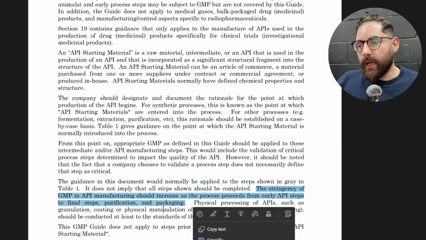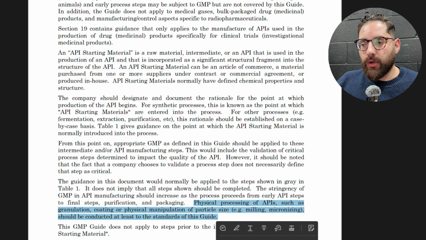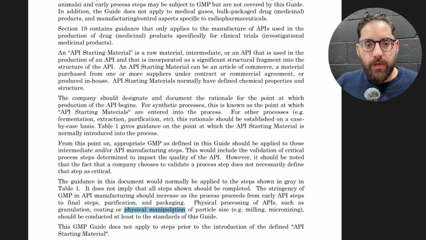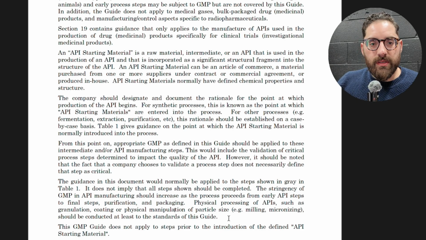The last thing that I wanted to highlight is that for physical processing, non-chemical processing of APIs, like granulation, coating, or physical manipulation of particle size, this happens a lot when you're talking about extended release type products where the particle size is really critical from an efficacy standpoint. Those should be conducted to the standards of ICH Q7 as well.